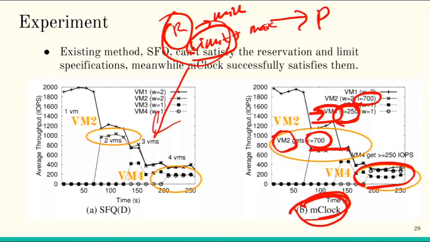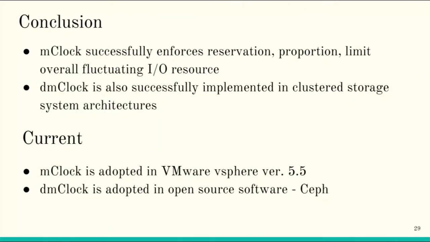That's all for the experiments, and we come to the last part, which is the conclusions. We can conclude that mClock successfully enforced reservations, proportions, and limits over fluctuating I/O resources. We can also conclude that dmClock, which is the extension of the normal mClock to distributed systems, is also successfully implemented in cluster storage system architecture.